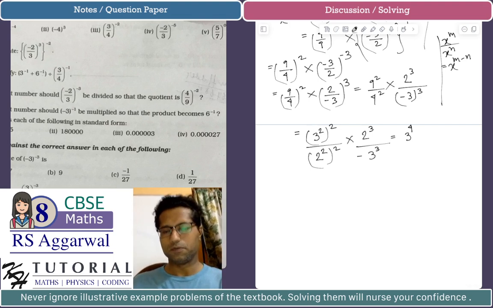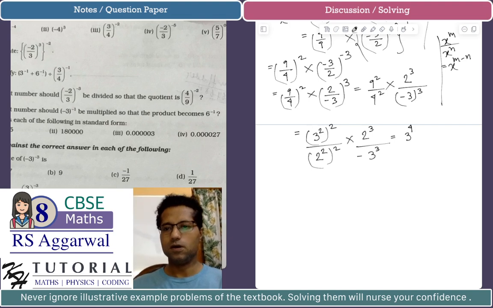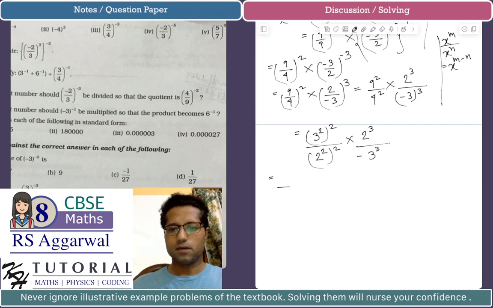Let's bring all the exponents having the same base together, and so in the denominator we have a negative of 3 cube. So this will be equal to, let's bring the negative at the very front, 3 to the power 4 divided by 2 to the power 4 multiplied by 2 cube and 3 cube.